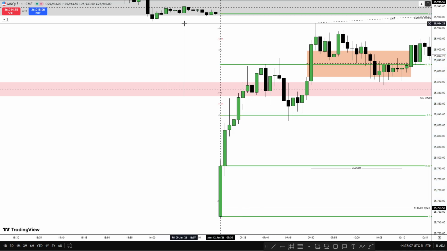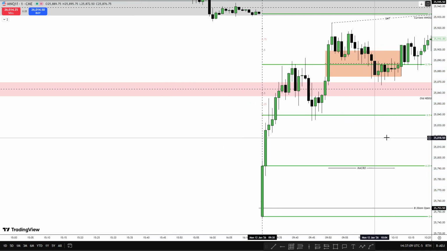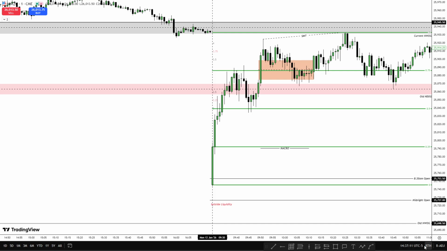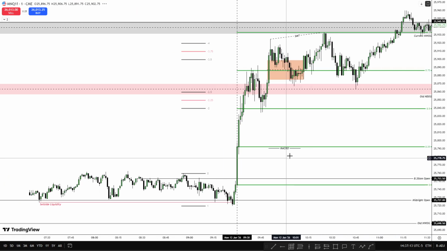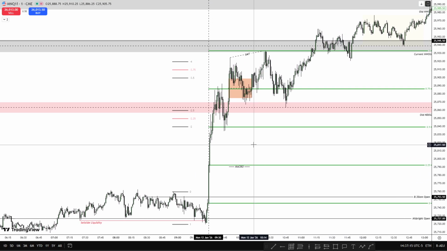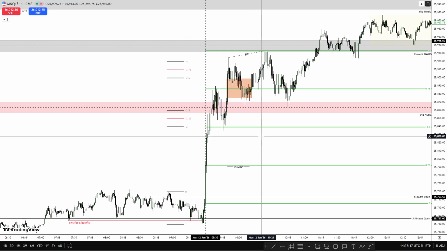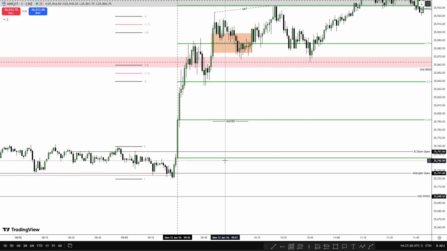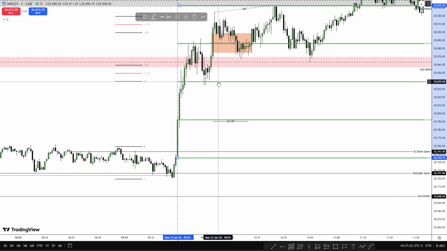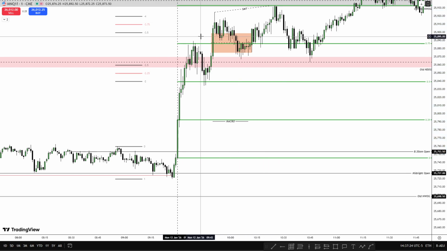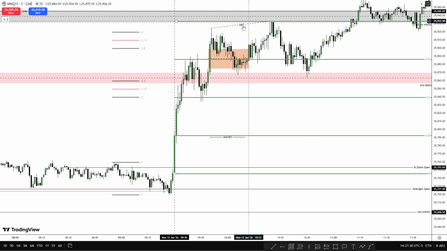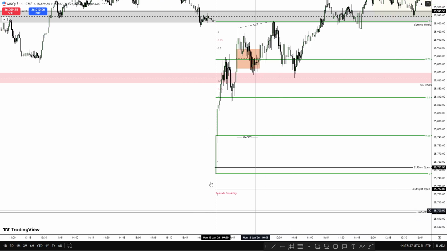Yeah, green is better. Then we can go back into the electronic trading hours, and you can actually see that price went into the CE of, I mean not this price move. It went into the discount into our opening range gap, which you can see on regular trading hours.